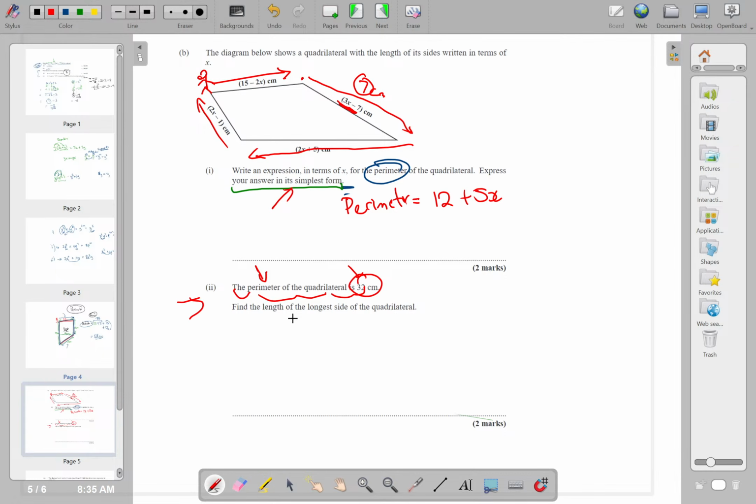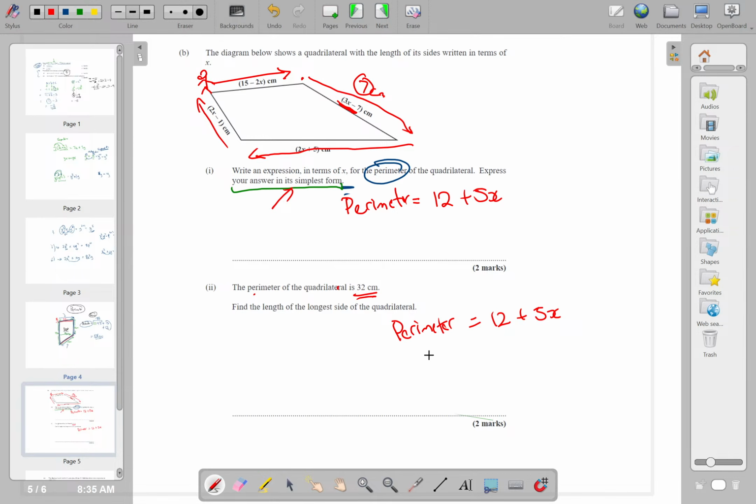It says find the length of the longest side of the quadrilateral. So now we're going to say, well, I created a guide from part 1. The perimeter is equal to 12 plus 5x. Now they said the perimeter of the quadrilateral is 32. What can you update with this?